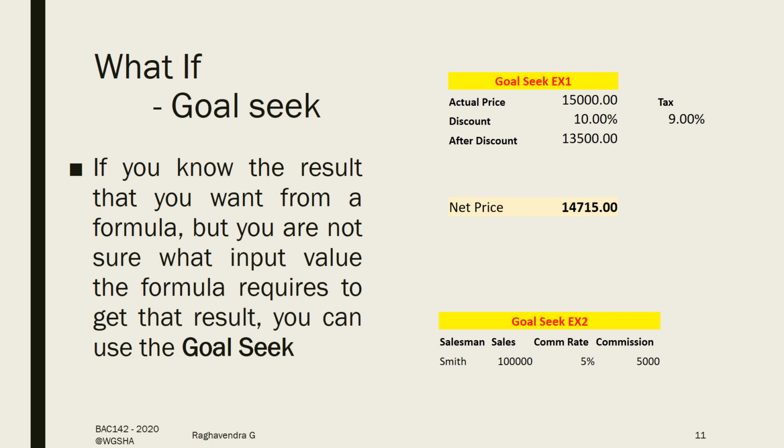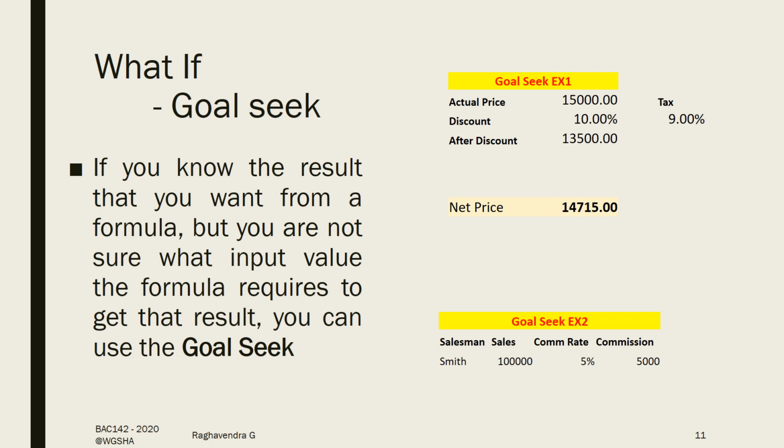For example, in the first example, actual price is 15,000, discount is 10%, after discount 13,500, tax 9%, so net price is 14,715. Suppose I want to fix the net price to 15,000. I want to see what should be the actual price, or how much discount I can give. Like that I want to work.